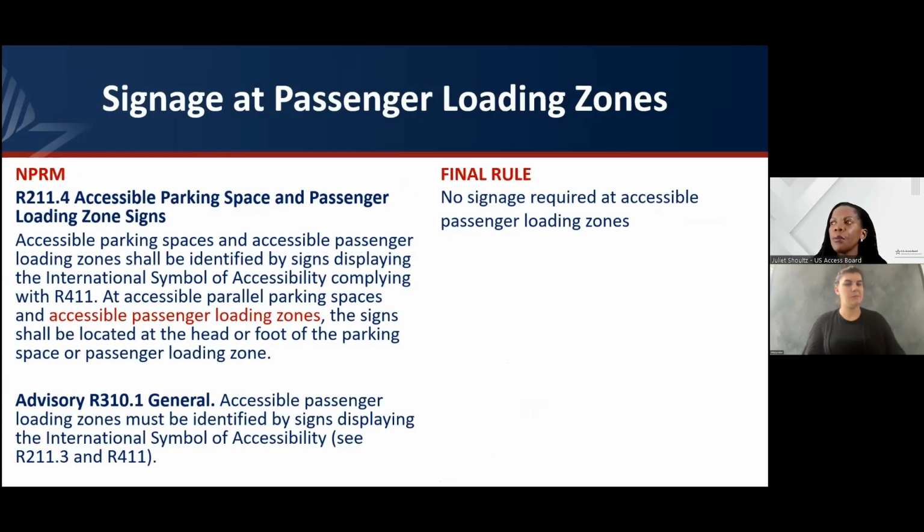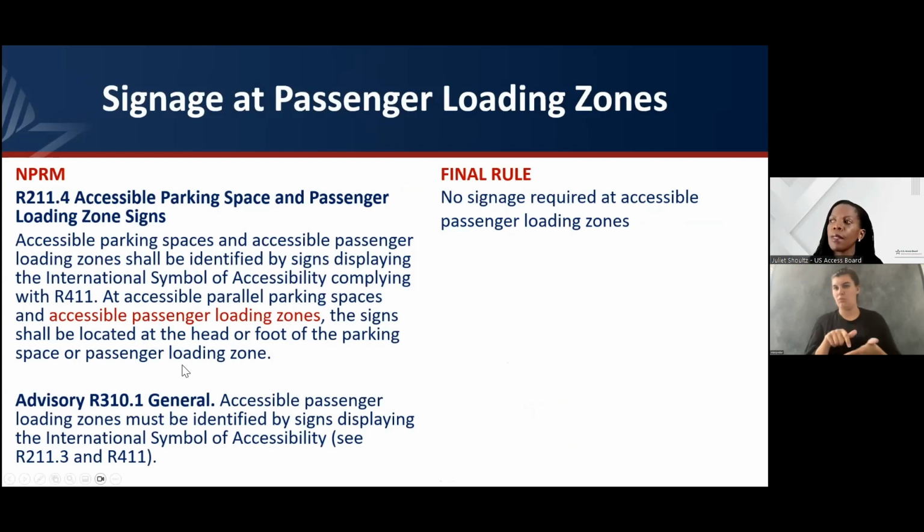You'll notice in the final rule that we do not require signage at accessible passenger loading zones. In the NPRM, we had at provision 211.4 accessible parking space and passenger loading zone signs. And in part, it stated that at accessible passenger loading zones, you need to have signs.